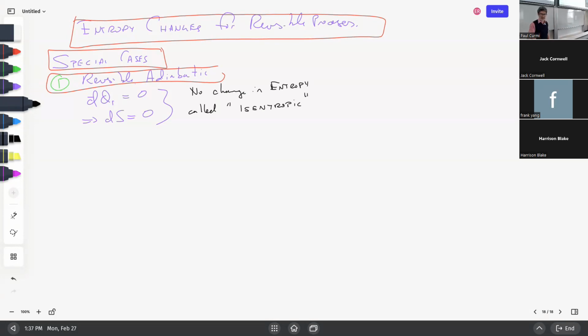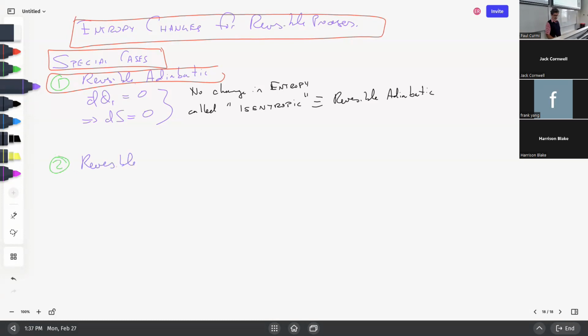So isentropic is the same as reversible adiabatic. Isoentropic sounds awful, so isentropic. Okay, two. We've done two already.